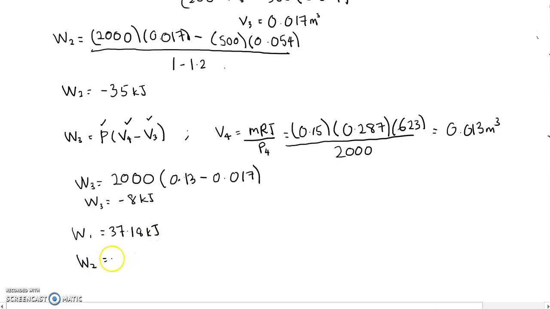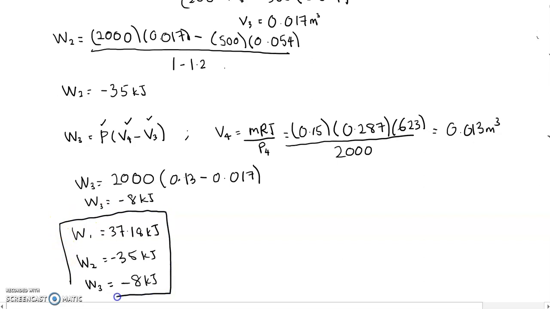W2 is negative 35 kilojoule. And W3 is negative 8 kilojoule. Okay, so this is for the boundary work.